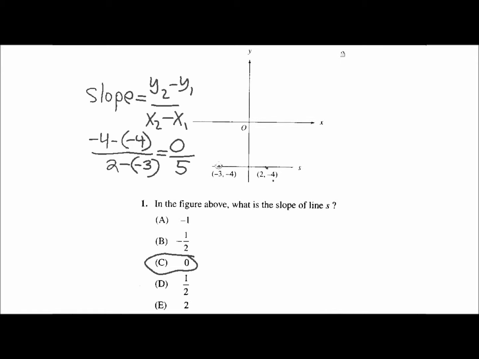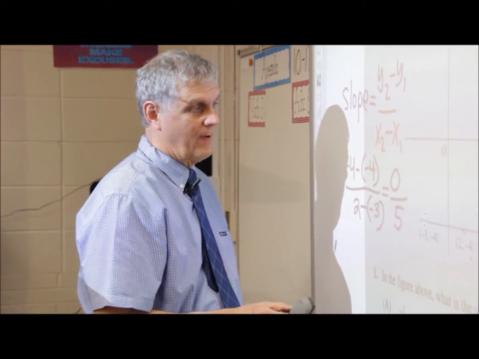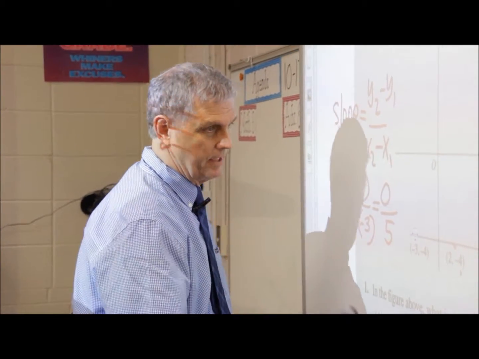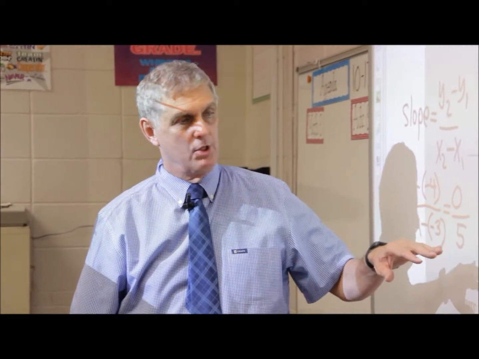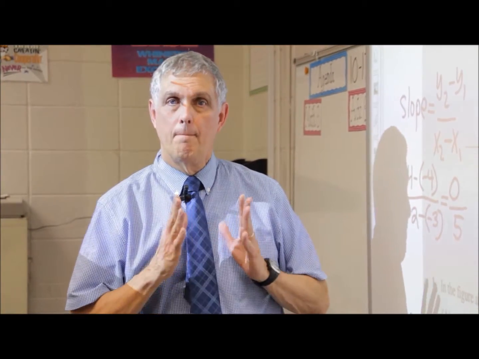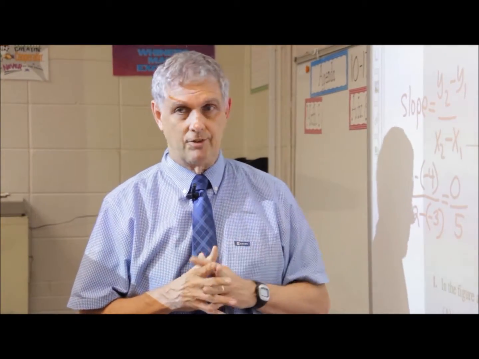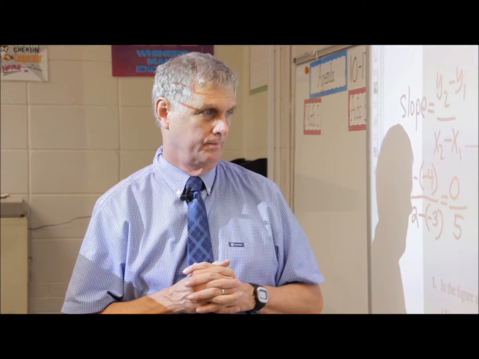Now the way to do this so that it's fast, though, I don't even need to erase this, but let me just explain it to you. Anytime you see a line that is parallel to the x-axis, the slope is always going to be 0.